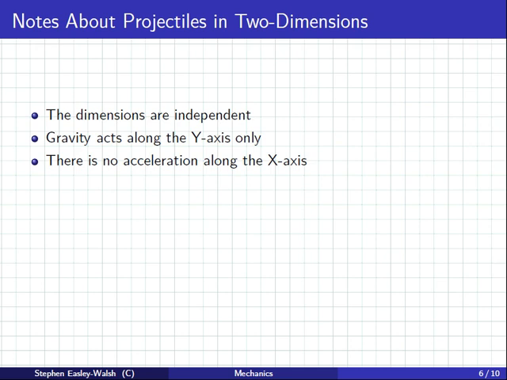So, in the x-axis, it's moving at a constant speed. There's no force in the x-axis. Gravity's only in the y-axis. So what could make an acceleration in the x? Well, there's nothing. The gravity's only in the y. Yeah, but generally cars don't go like this. We're only talking about projectiles.